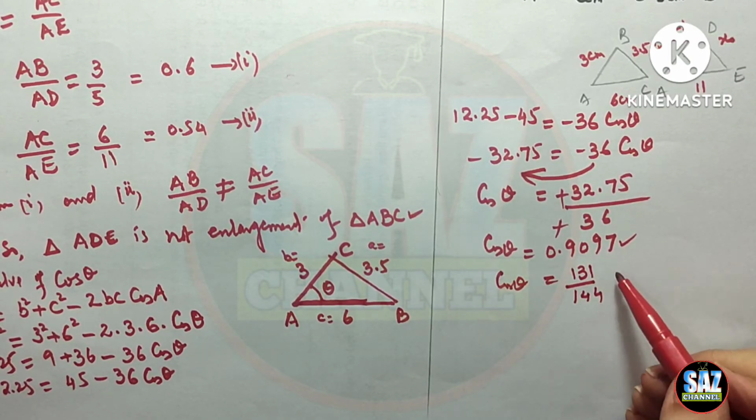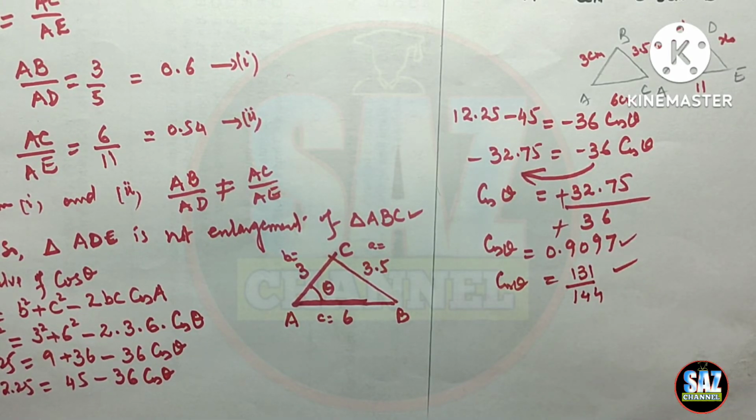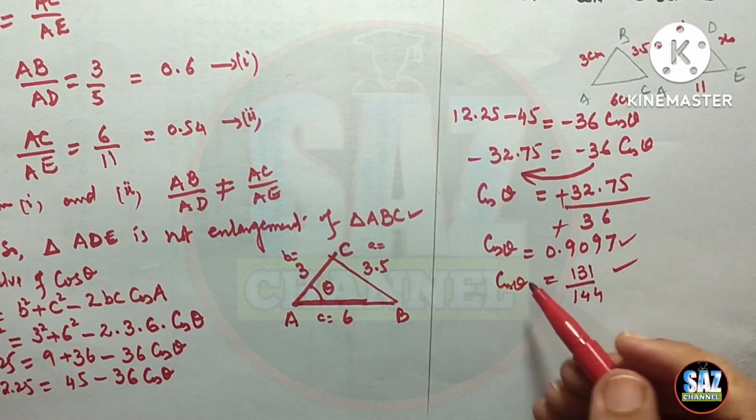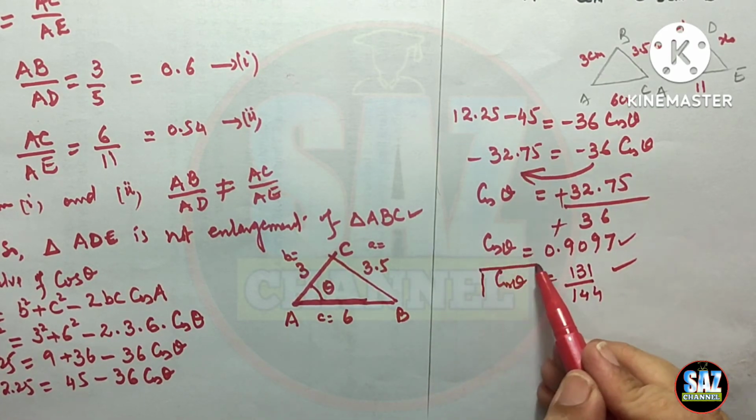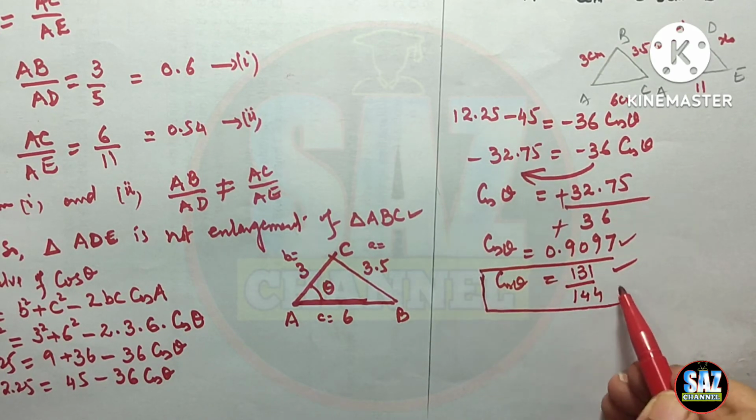I hope you are clear about how we decide whether the given triangle is an enlargement of the smaller triangle or not, and how we find the value of cos theta. And for the next part, we have to find the value of x.